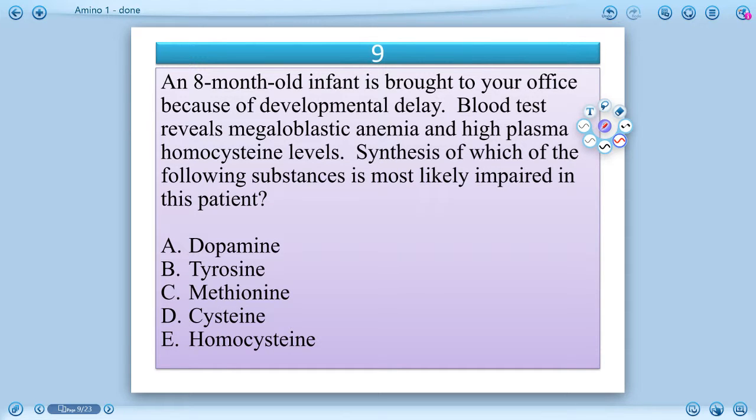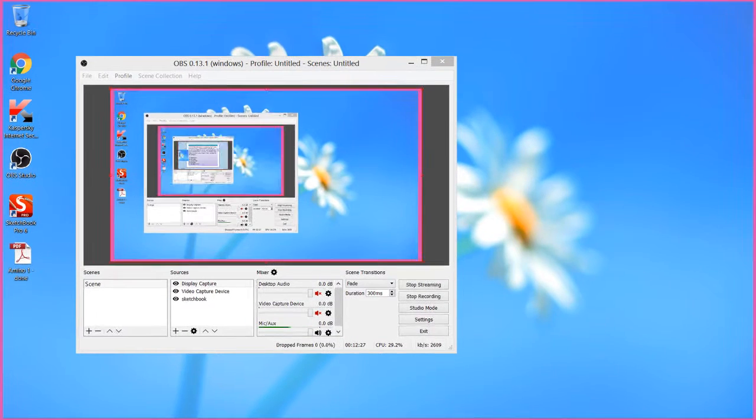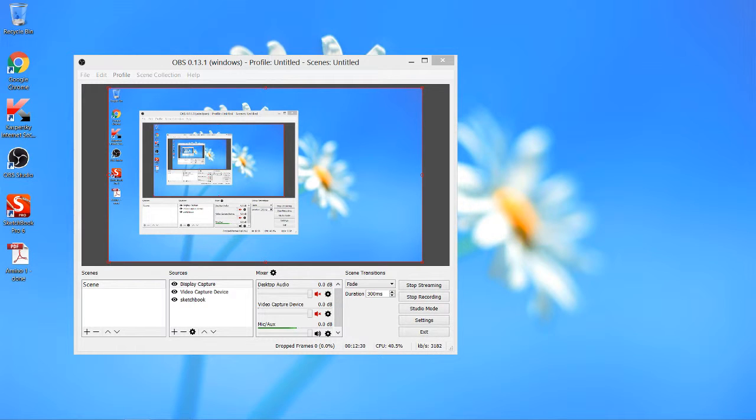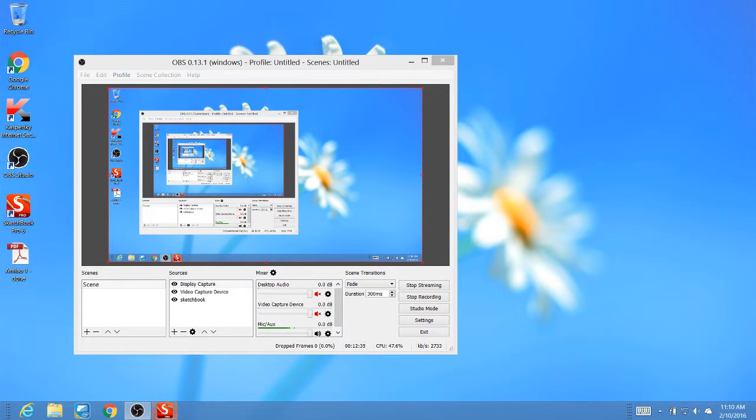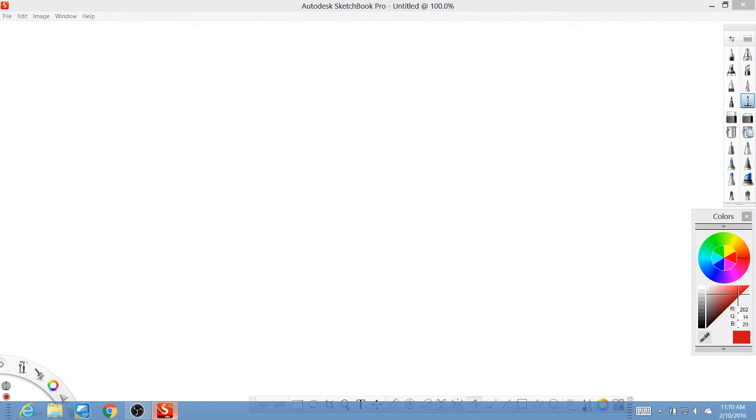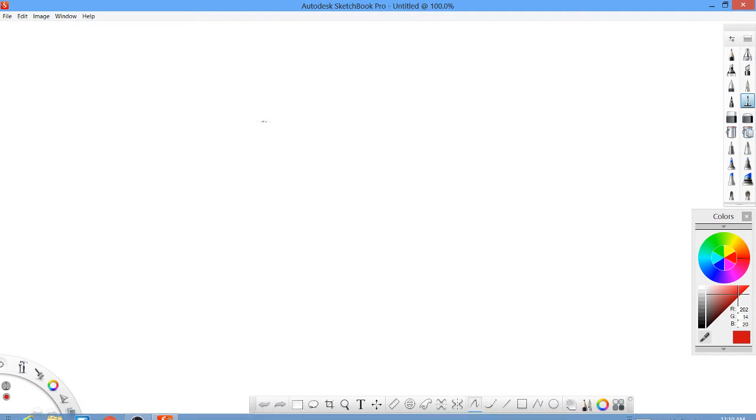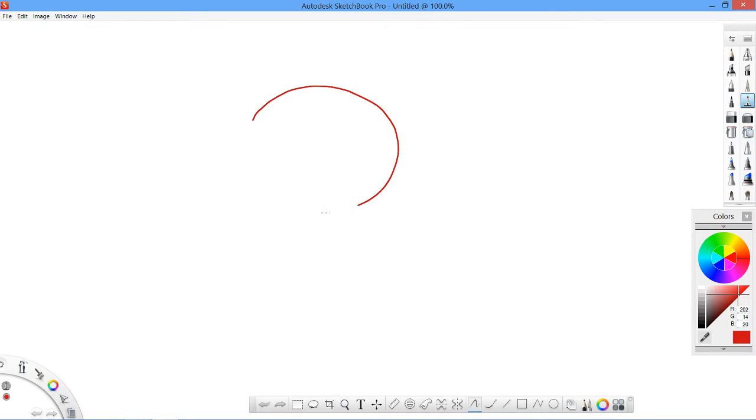Let me keep it simple and easy. What they're asking you is, for example, let's say here is methionine, and here is homocysteine, and here is cysteine, right?